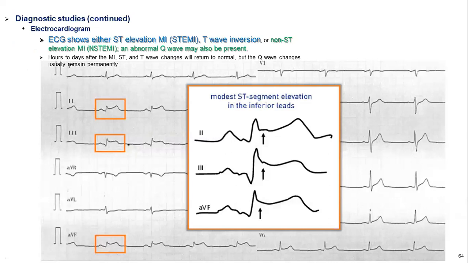So in this picture, it is better shown. In the first, you see the ST segment is elevated, and the T-wave is inverted, or a pathological Q-wave is there.